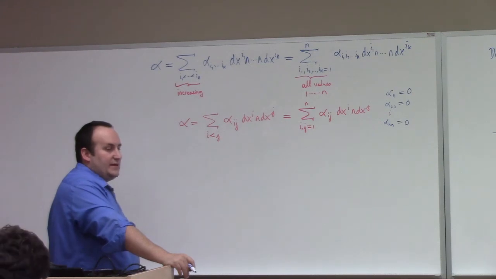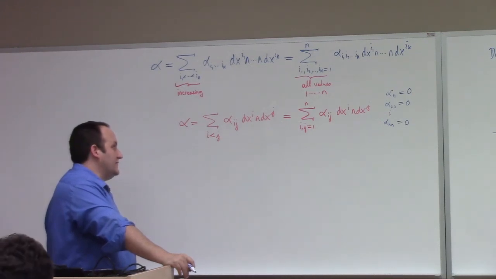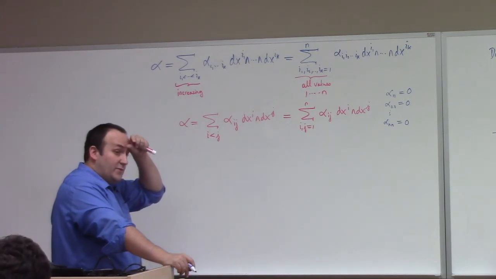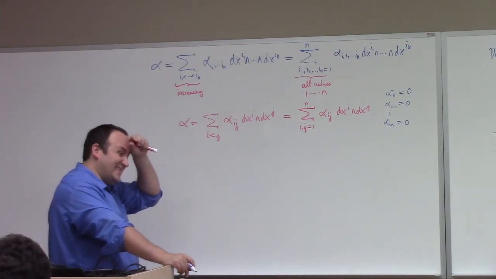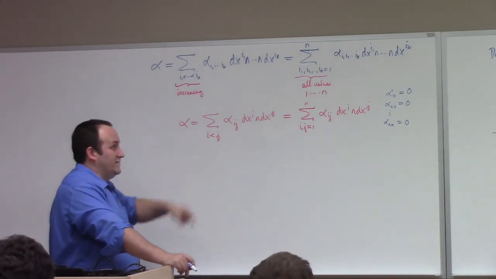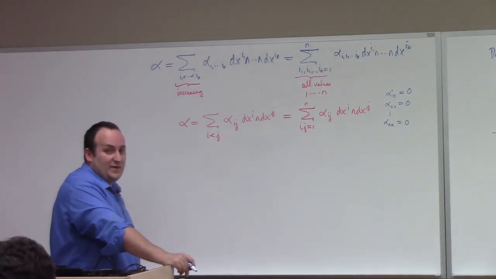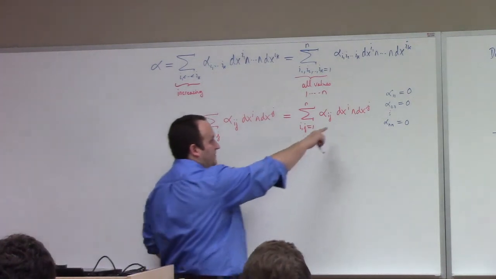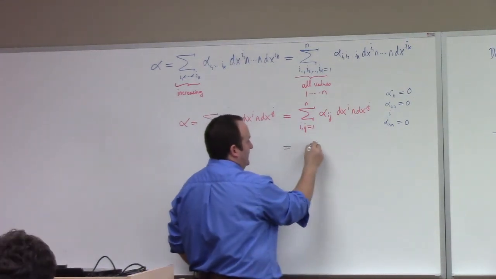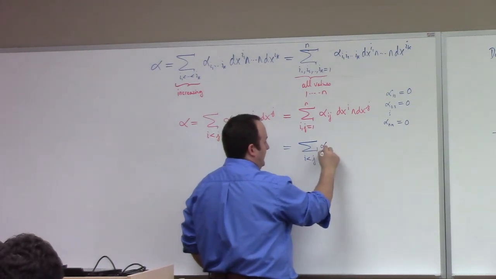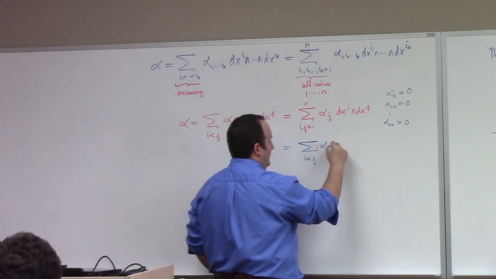Because technically speaking, you really would only define the alpha_ij with respect to the basis of the two-forms, which would just be over the increasing indices. And yet, I want to write this formula, which is not over a basis, which is over all possible wedges. So what is this? We can break this up. This is actually the sum over i less than j of alpha_ij dx^i wedge dx^j, plus the sum over i greater than j of alpha_ij dx^i wedge dx^j. I feel like I'm doing one of your homework problems, but you'll forgive me.